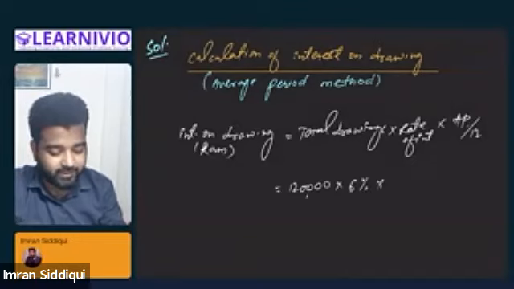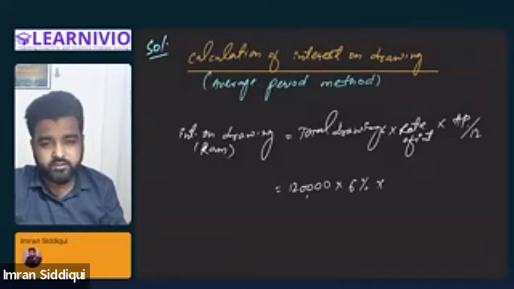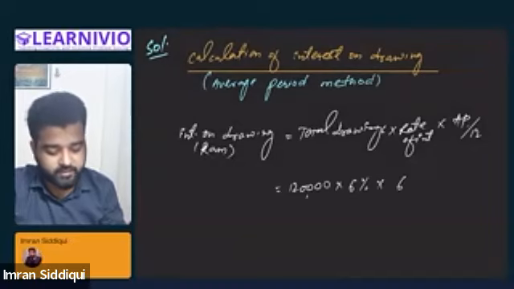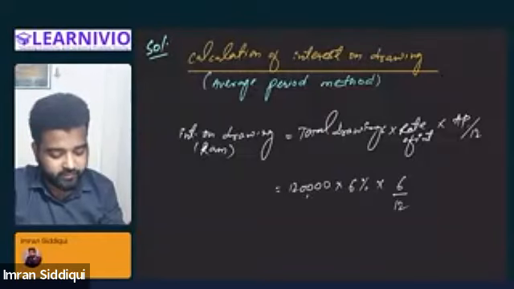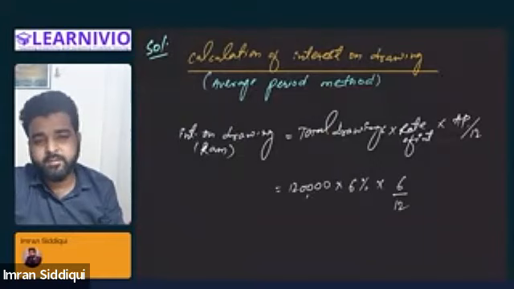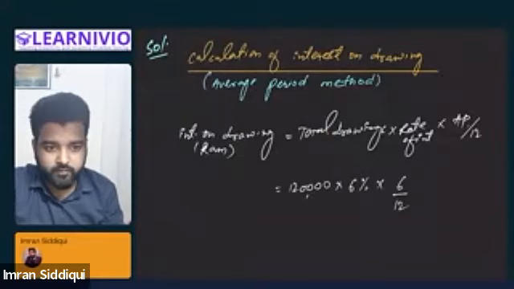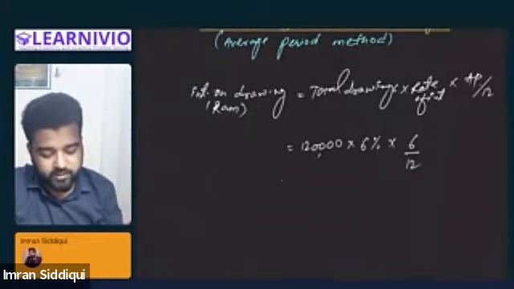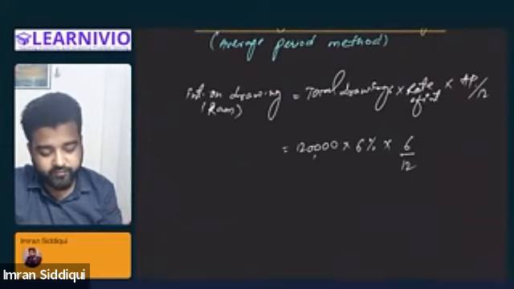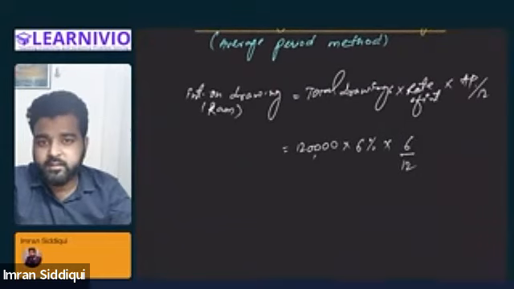And then we'll multiply this by the average period. The date or the month of drawing is not given, so we'll presume that the average period is 6, and then we'll divide by 12. If nothing is given, we'll simply presume that the average period is 6 months.